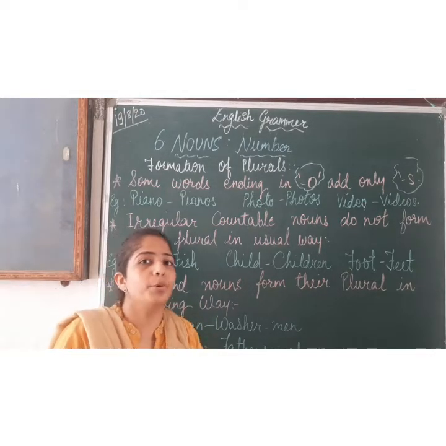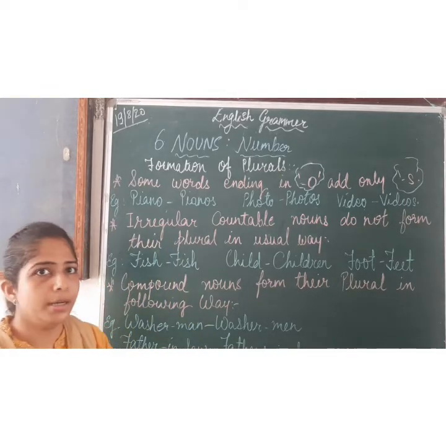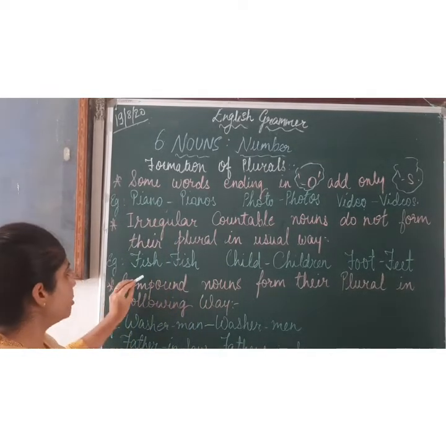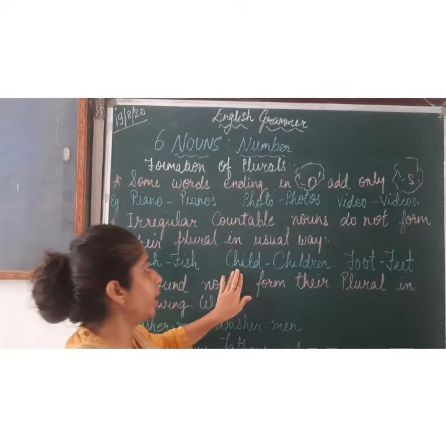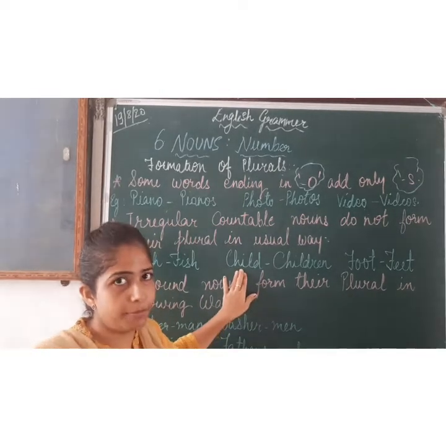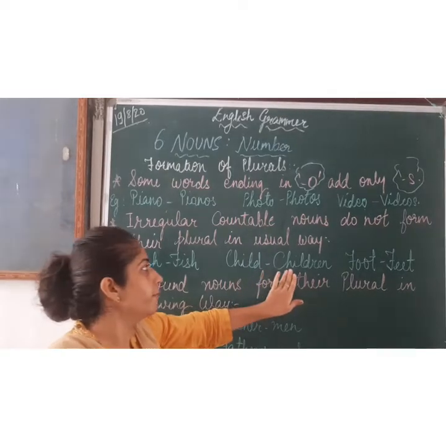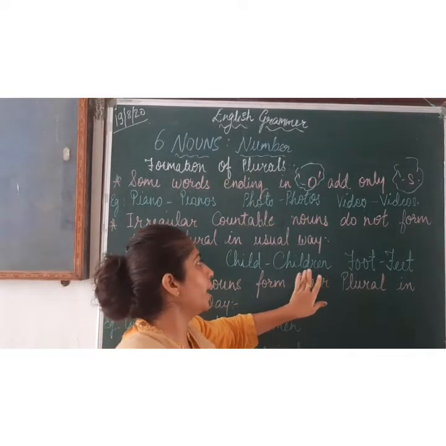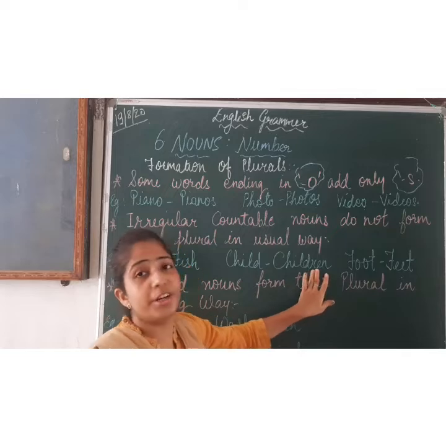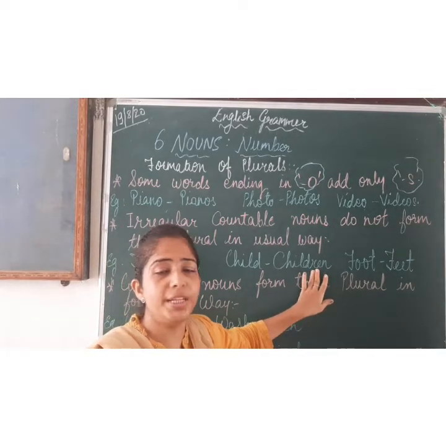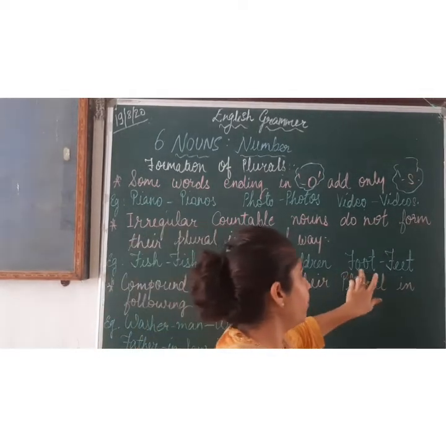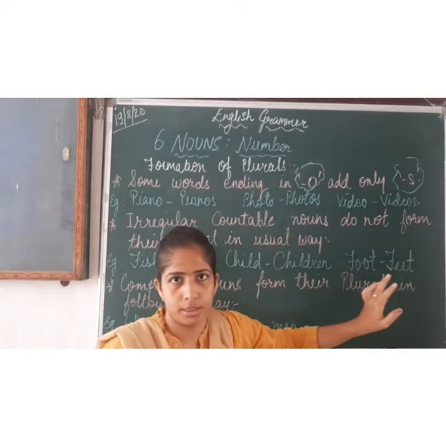To make this word plural, we will not add anything. Fish will be fish. Child. For one kid we said child, but we will make it plural by saying children. Many children. Foot will be feet.